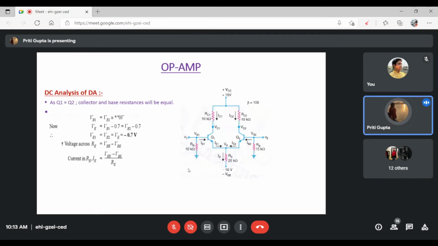So IC1 is nearly equal to IE1 and IC2 is nearly equal to IE2. So find out IC1 and IC2. You have the same value. Just write it down in your copy.